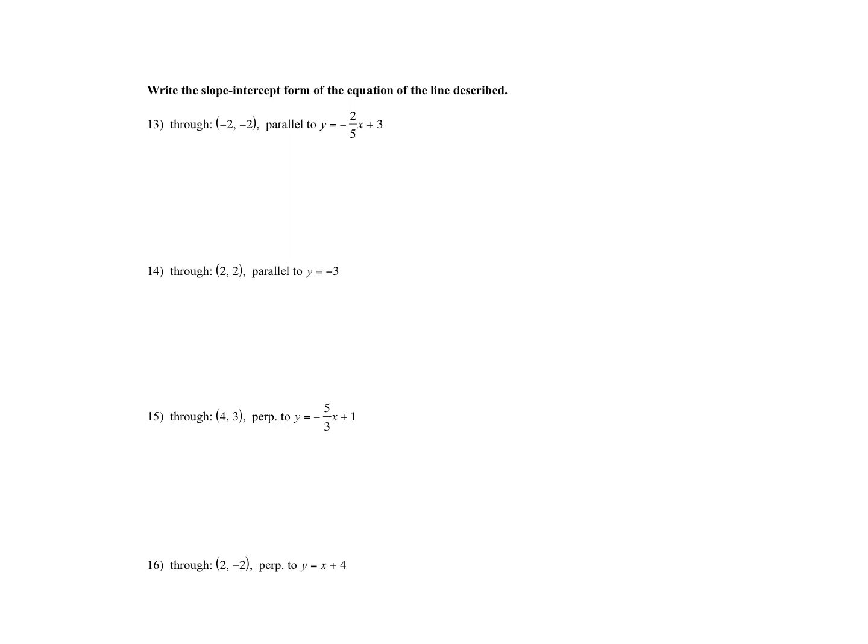So in the next one, if it's parallel to this guy, it has the same slope. So all we need that guy for is to get the slope off of him. We're going to cross him out. We don't need him anymore. And now we have this point that represents an x and a y. So we have y equals -2/5 x plus b, and the y is -2, and the x is -2.